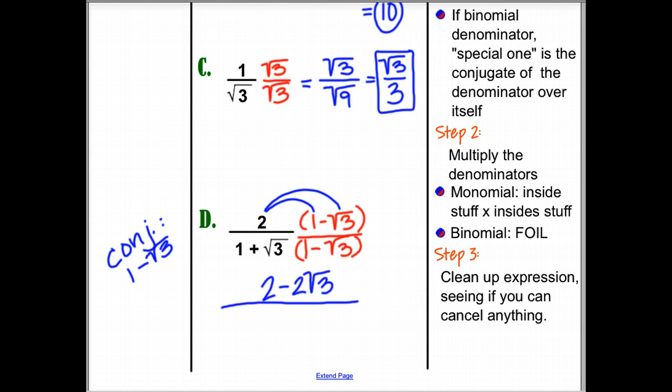Now in the denominator, we have 1, and then we take the outside terms and we have minus the square root of 3, and then the inside terms we have plus the square root of 3, and then our last terms we have minus the square root of 9.